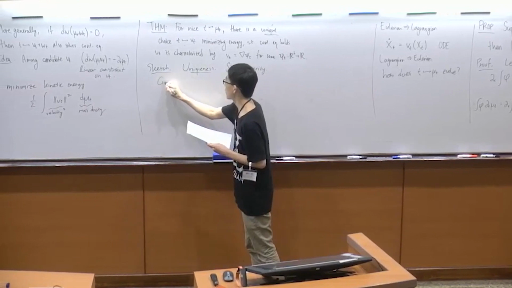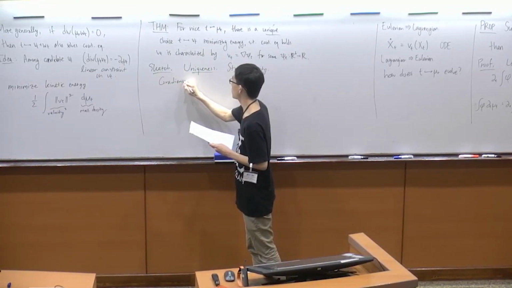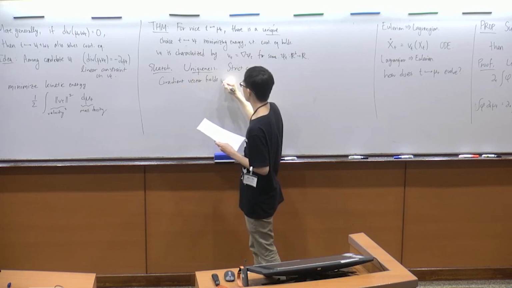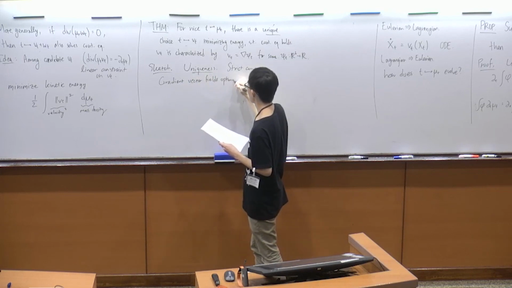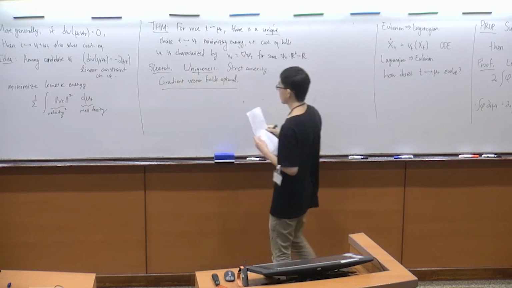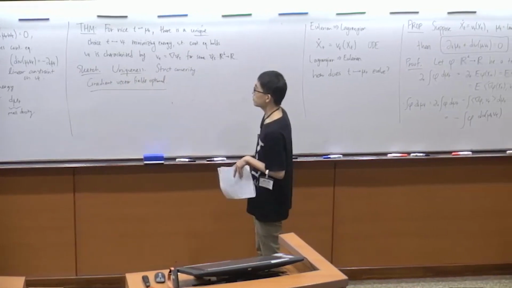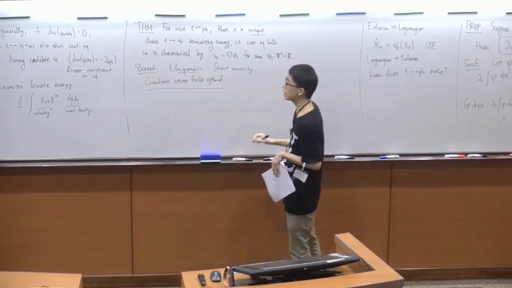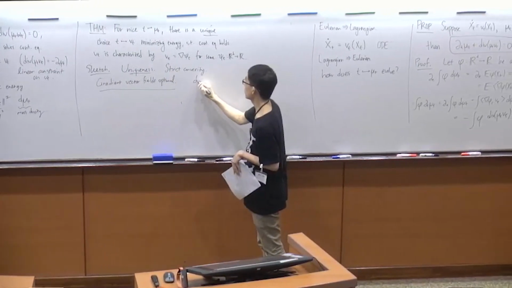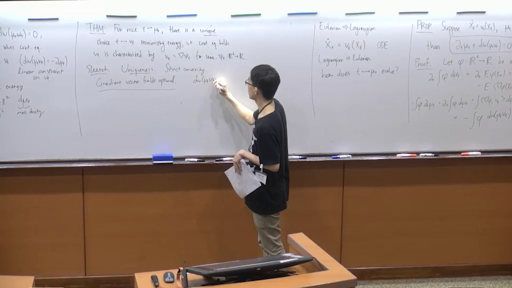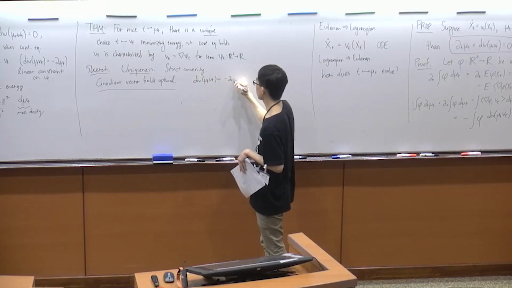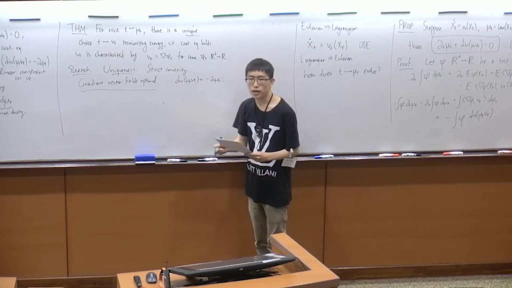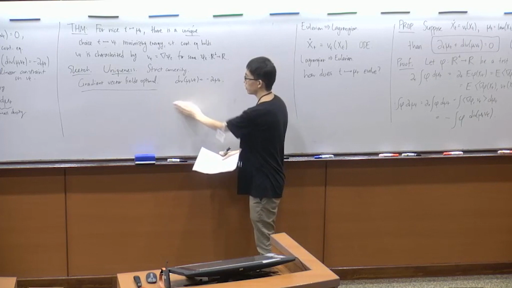Let's talk about why gradient vector fields are optimal. The reason for this is basically, let's think about the constraint that Vt has to satisfy. So this constraint, divergence of mu-t Vt has to equal this. So I'm just going backwards from how we derived the continuity equation in the first place.